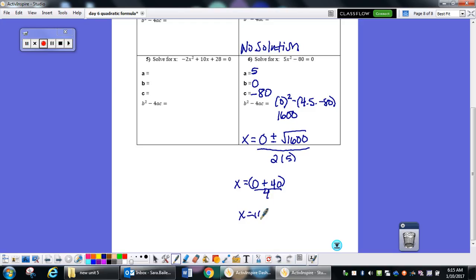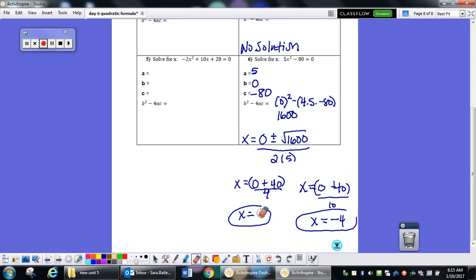So we get 4. Then x equals 0 minus 40 over 10, which we get negative 4. Oh, I need to switch this answer. This is 40 divided by 10, so it is positive 4. You should get two answers for all of these problems.